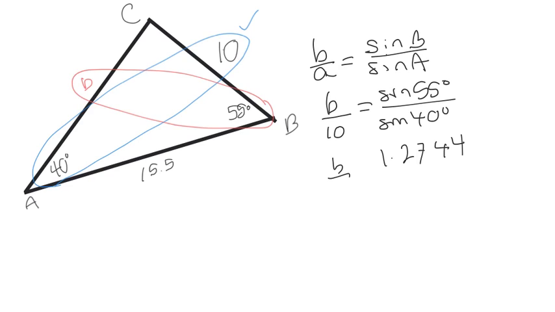The left side is still B divided by 10. And so then if I want to get B, I have to multiply both sides by 10. So B equals 1.2744 times 10. And B is approximately 12.7 units. Okay?